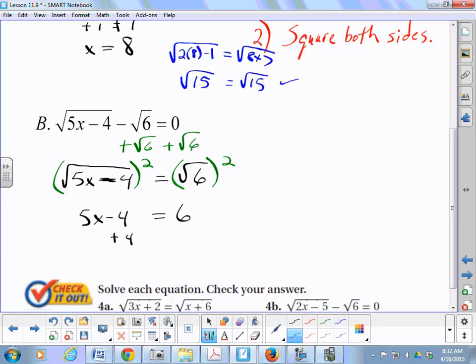All right, so we add 4, 5x equals 10, divide by 5, and x equals 2. Make sure you check it.